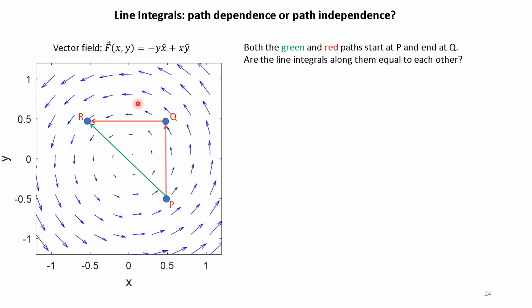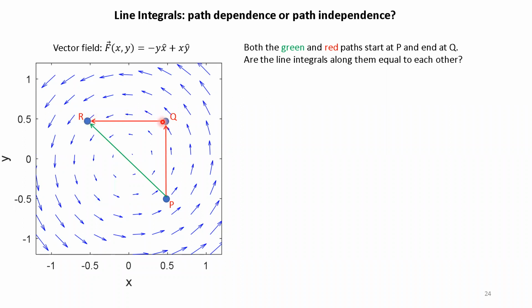I'm considering my starting point to be P and my endpoint to be R. So now I consider two different paths, the green and the red. The green one goes directly from P to R in a straight line. And the second choice is that I go from P vertically up to Q first, and then from Q horizontally to R. Okay.